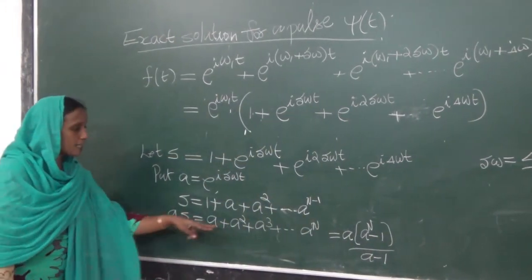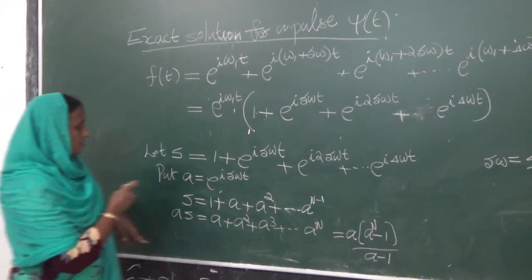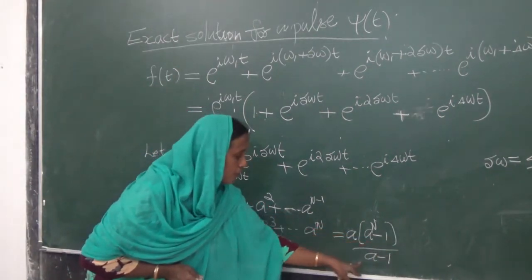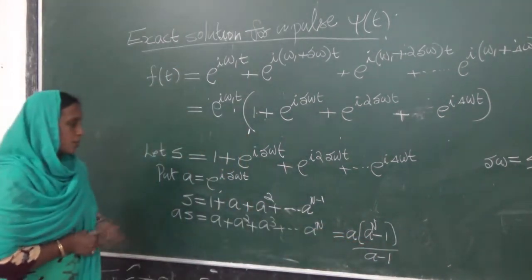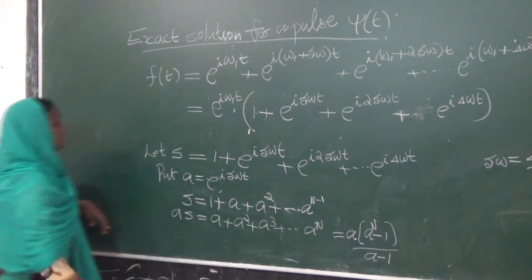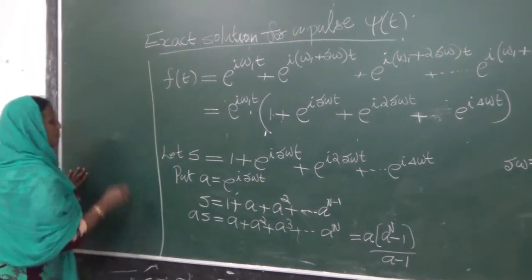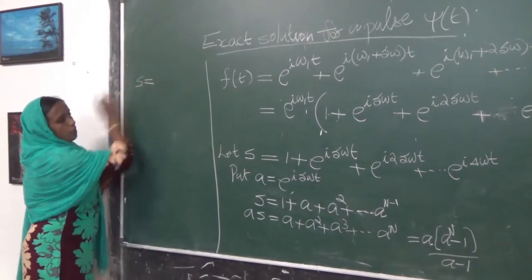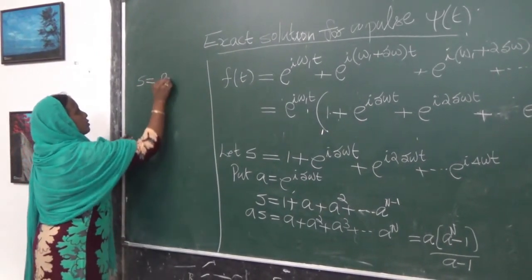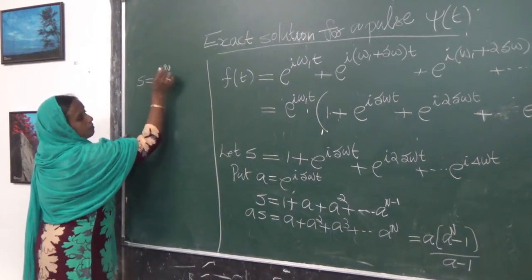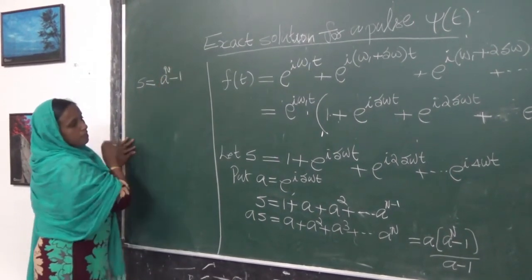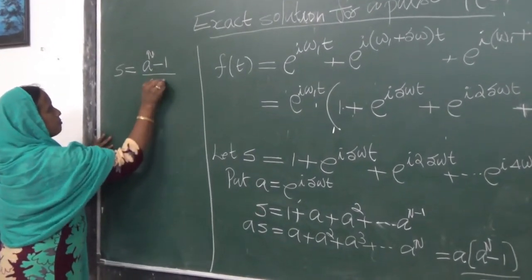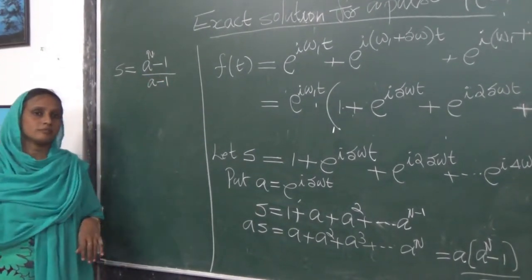So you get here aS equal to a times a raised to n minus 1 by a minus 1. So you can cancel a on both sides, then you get S equal to a raised to n minus 1 divided by a minus 1.